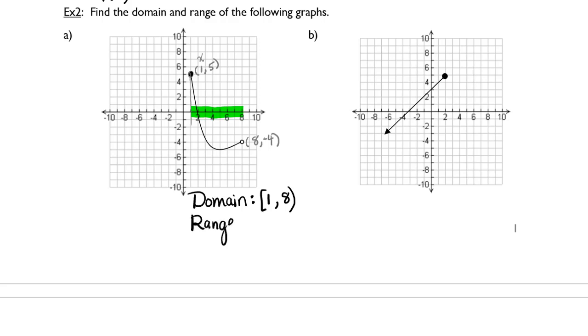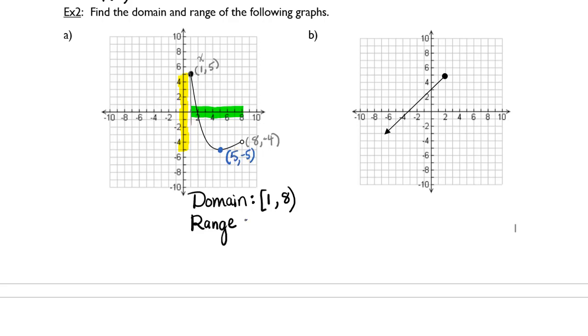The range is how high and low the graph gets. So I'll use yellow to represent that. Notice that it starts at 5 and it continues to move downward, downward, downward to -5. Notice that it does not get any lower than -5. So if I look at my graph, the lowest point on this graph is the point 5, -5.